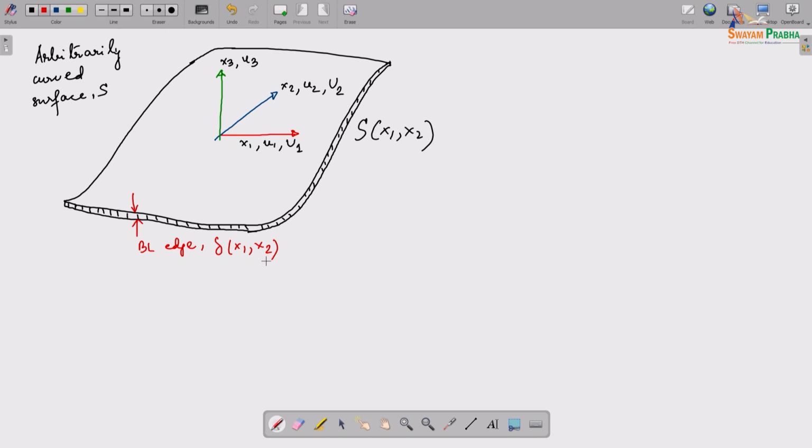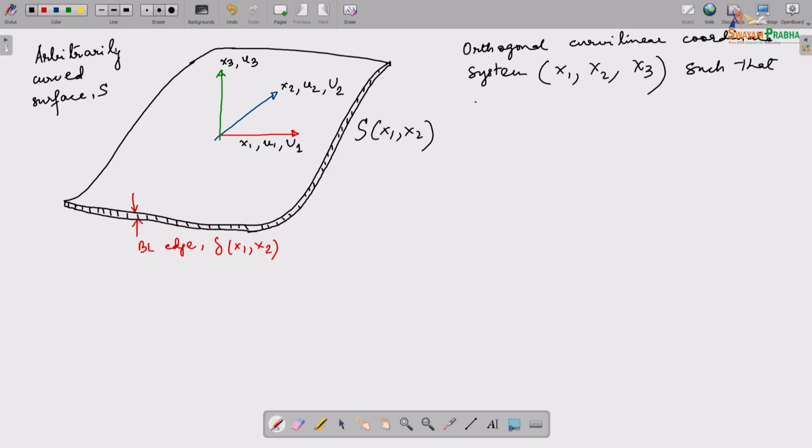So this is an orthogonal curvilinear coordinate system, such that x3 is everywhere normal to S, to the surface basically.